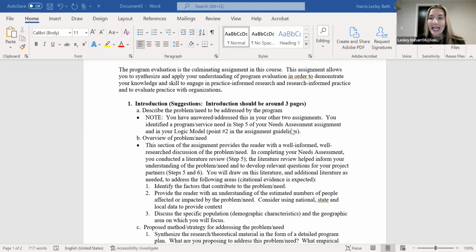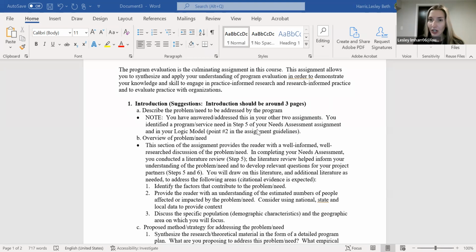This is really to help you demonstrate your knowledge about program evaluation using a proposal format, to demonstrate your knowledge and skills for practice-informed research and research-informed practice to evaluate a program or service within organizations. This paper has two main sections.